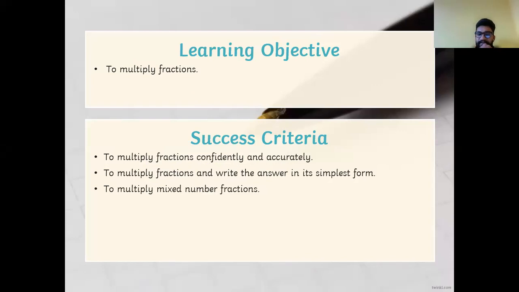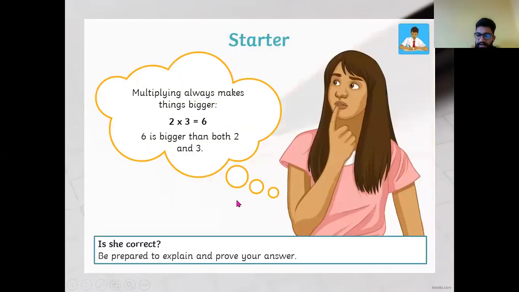Remember this point as well: after multiplying, the answer should always be in simplest form. We are also going to learn how to multiply a mixed fraction by a mixed fraction. So one question is here for you.